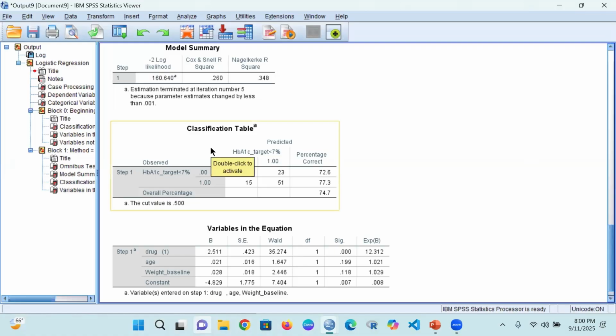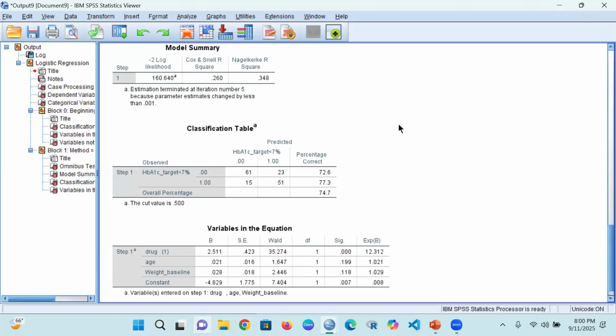So overall, the model explains that 87% of the variation in reaching the HbA1c of less than 7% is very strong, especially for the patients who are under drug. That's what the model tries to tell us.